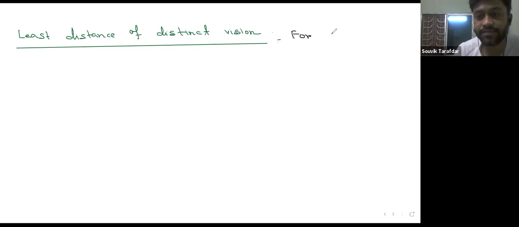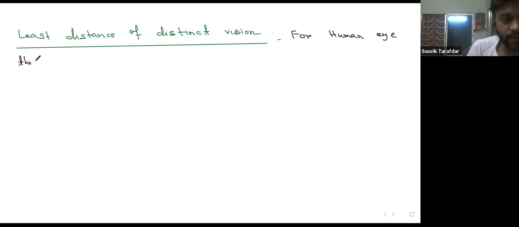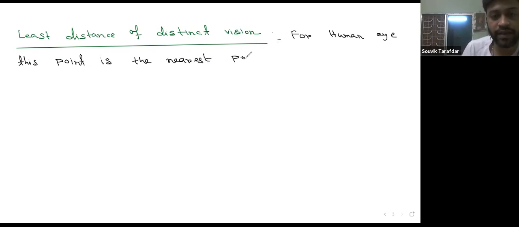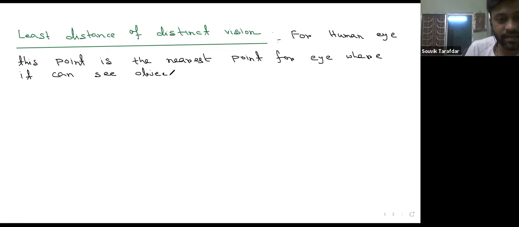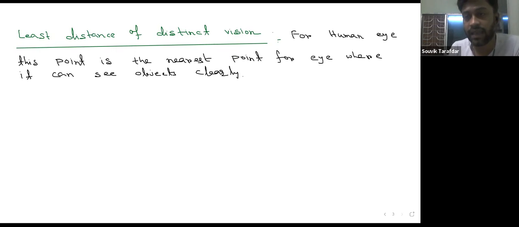For the human eye, this point is the nearest point where it can see objects clearly. Nearer than this, it will be blur.